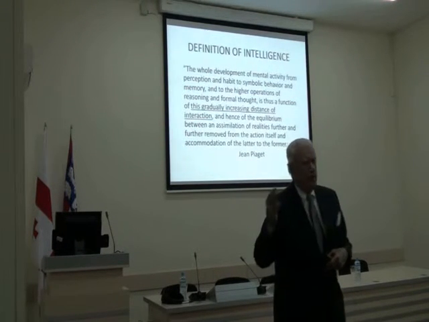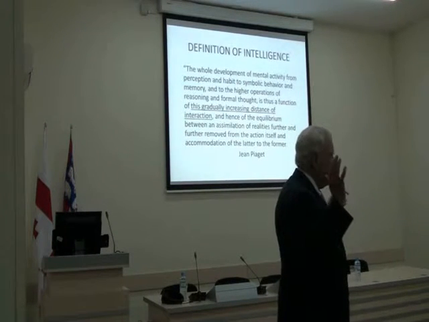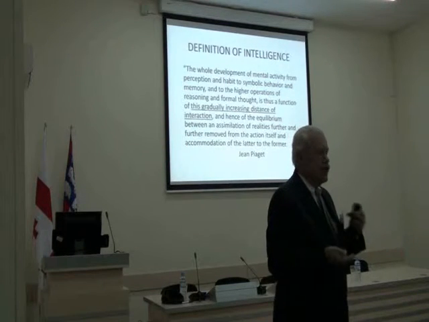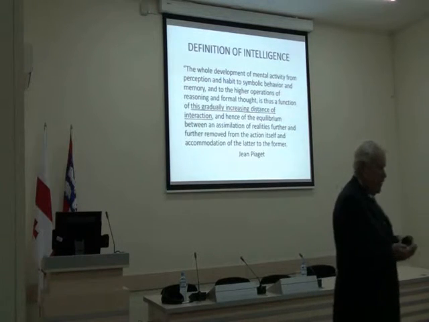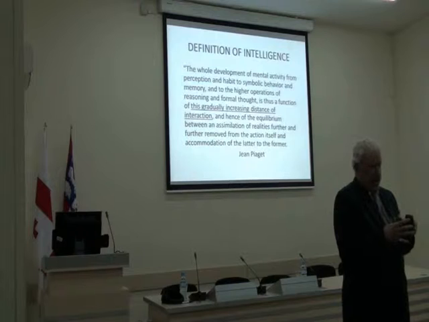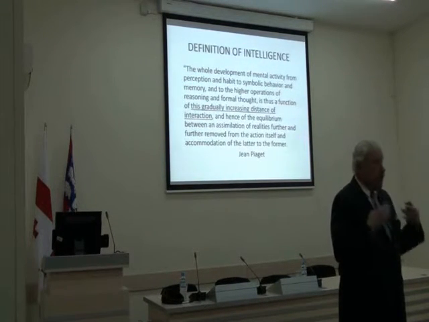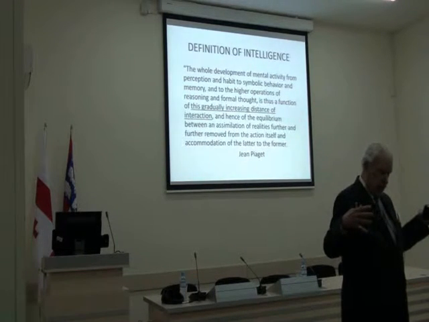If you know anything about Piaget, he's the one that discovered that children are terribly egocentric. They operate in a very small context. Their conception of reality, their conception of objects, has to expand.